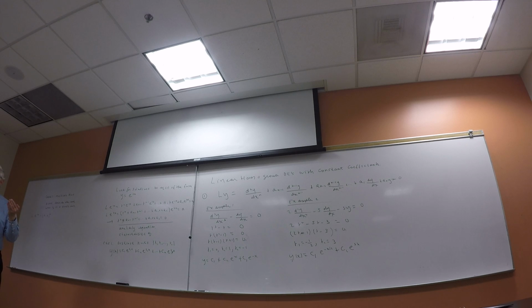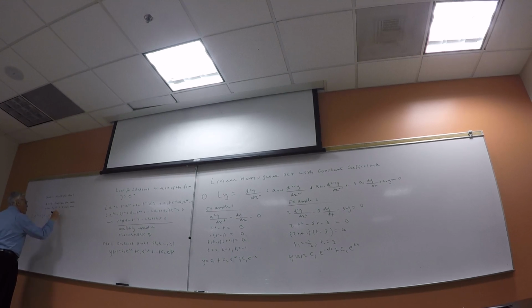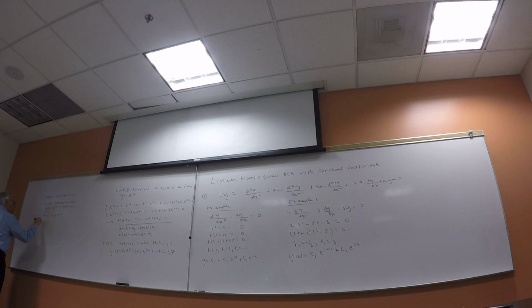And what's going to be left? It'll be a polynomial of degree n minus 2. Let's just call that P of r. I don't care what it is. So L operating on e to the rx equals (r minus R1) squared times P of r times e to the rx, where P of r is a polynomial of degree n minus 2, right?